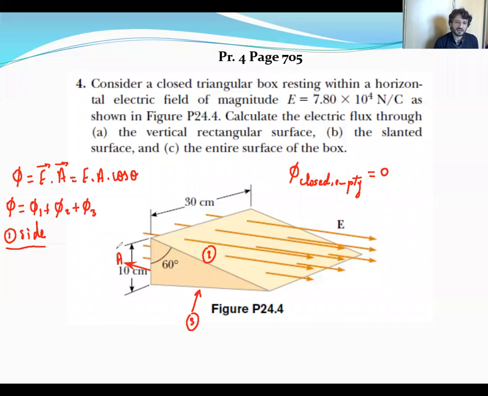It's opposite to E, because E is horizontal and the plane is vertical.